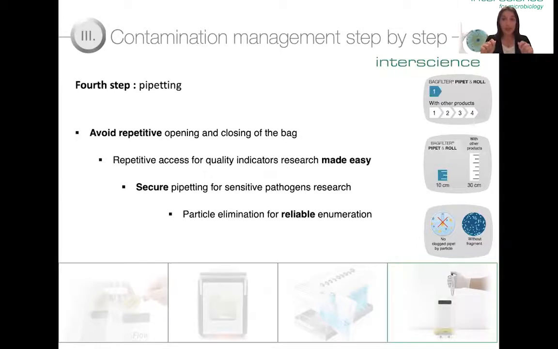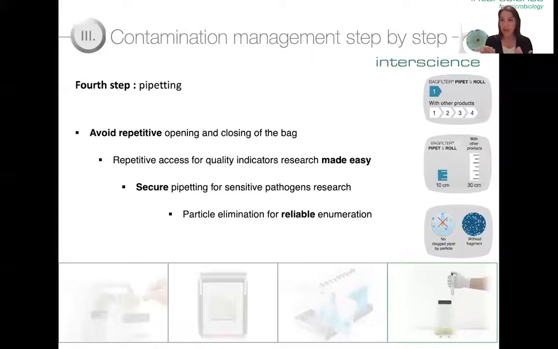There's the clip. If you're working with a clip, that clip you might use from one sample to the other. It's not necessarily decontaminated. So it's really interesting here to opt for an option where you have that integrated closure. So first of all, you don't have to introduce another clip that might have been used for another sample, but also the integrated closure plus the pipette sticker here just literally lets you avoid having to open it and close it.